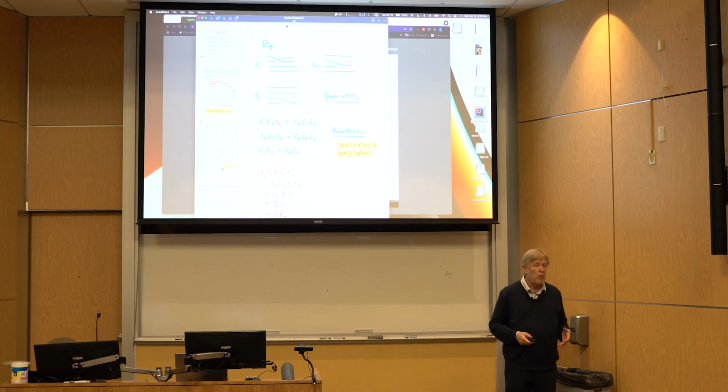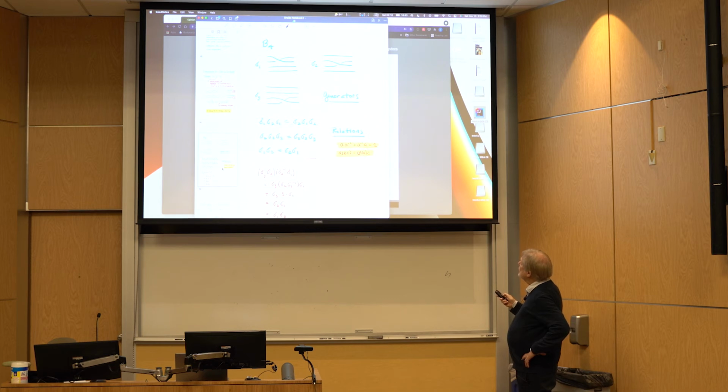Let's talk about B4, and our discussion of B4 will really be a general discussion about Bn. So the generators of B4 are these little flips, sigma 1, sigma 2, and sigma 3 is this one here.